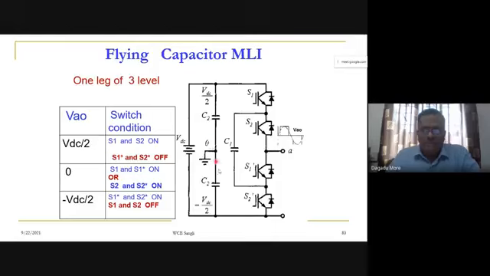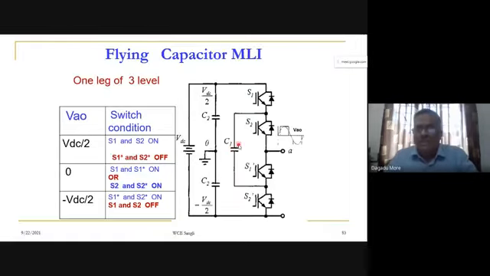So we are using two capacitors, named C2, to split the DC link voltage. The voltage across C2 is VDC by 2, divided equally: VDC by 2 in the upper capacitor and VDC by 2 in the lower capacitor.